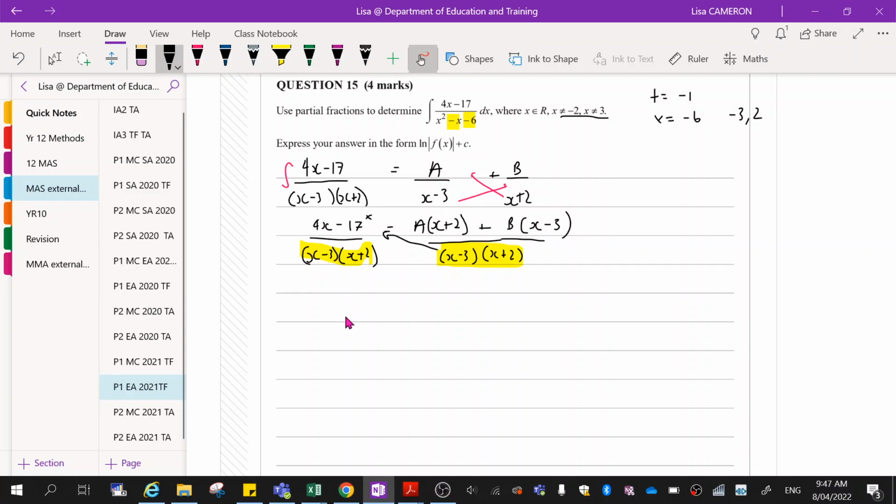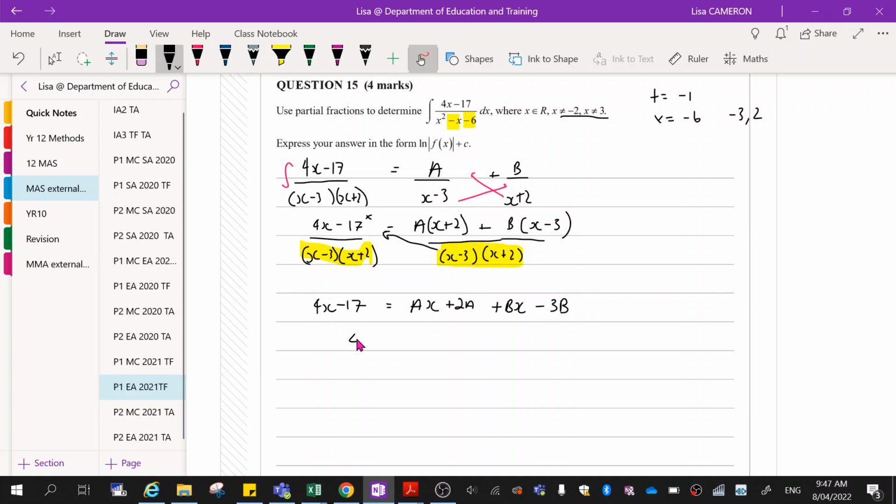So from there, all I have to do is state what I've got. 4x - 17 is what's left on the left-hand side. Now I'm going to expand these brackets at the same time. So Ax + 2A + Bx - 3B. Next thing I'm going to do is get my x's and my constants and separate them out.